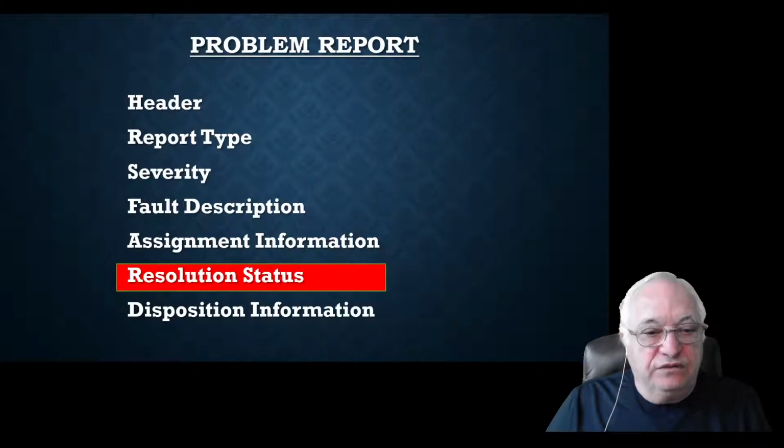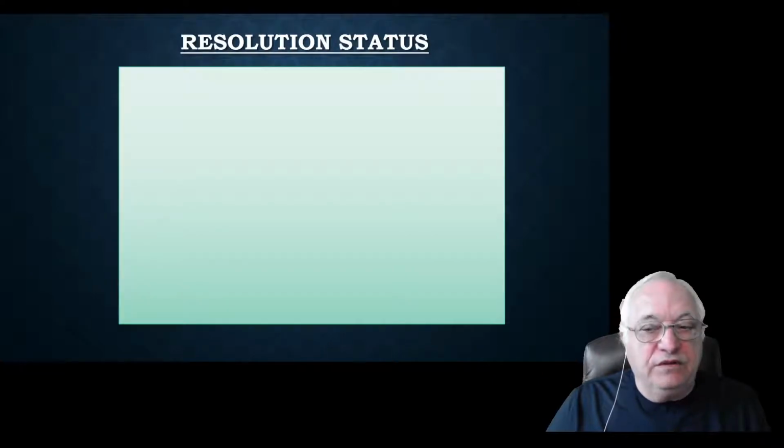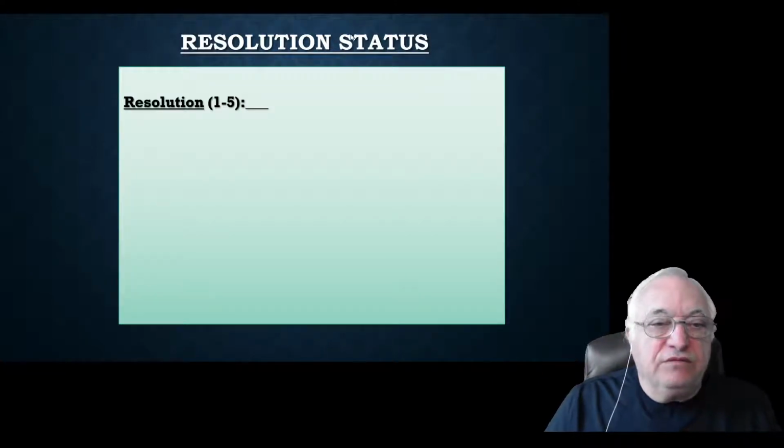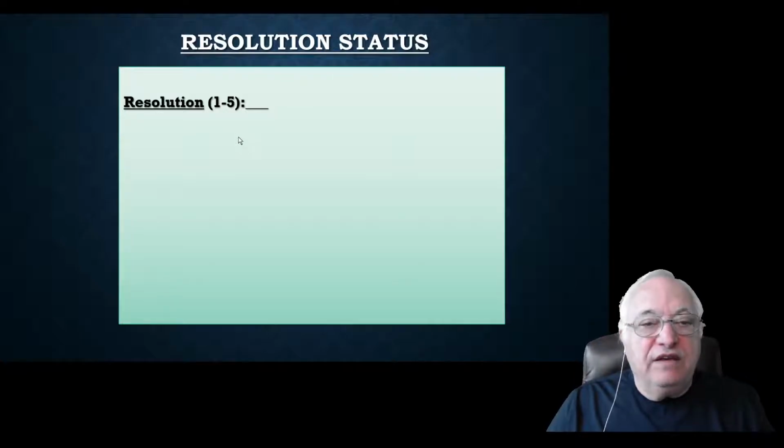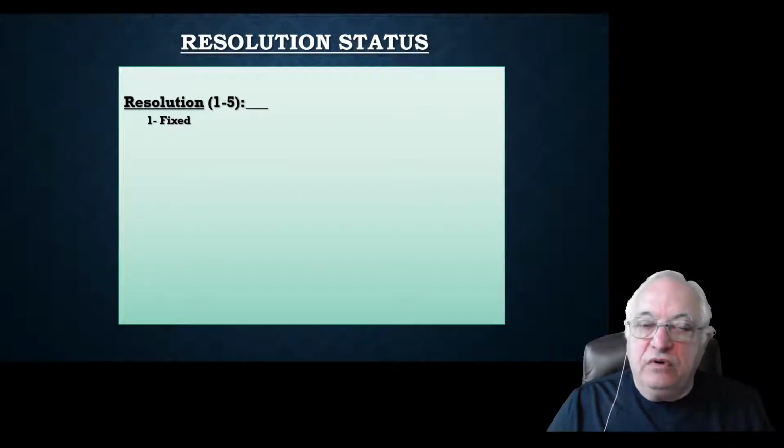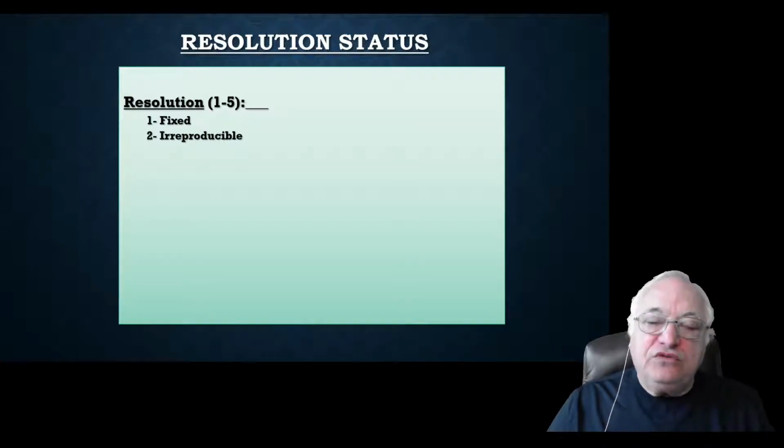Resolution status. Now this is really interesting. So resolution status, I have 5, which is fixed. That means that the design group got the program and they actually resolved the issue. Irreproducible, that means the design group got the problem report and they tried to reproduce it.